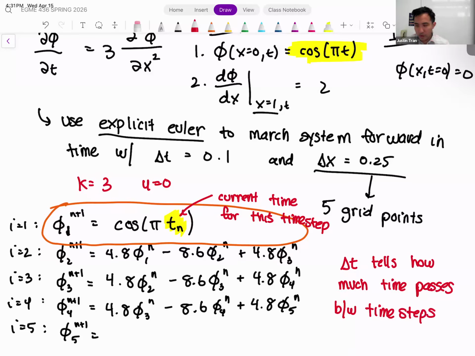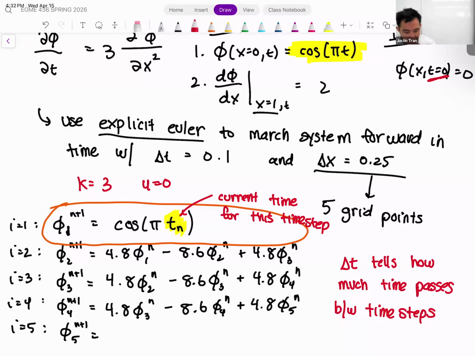We always start at time equal to 0, so our initial conditions are defined at t equal to 0. But as soon as we march forward once, the next time step that we're computing is going to be at t equal to 0.1 in this case.